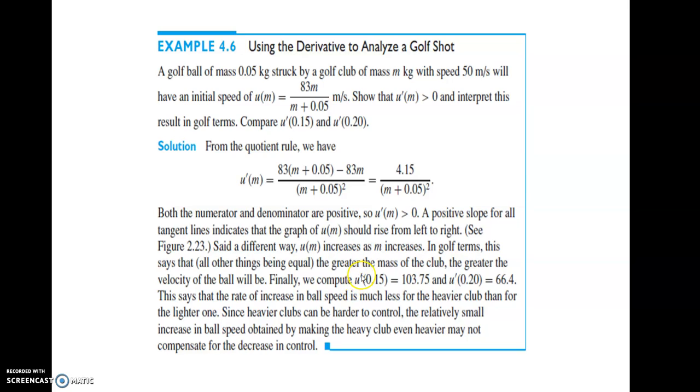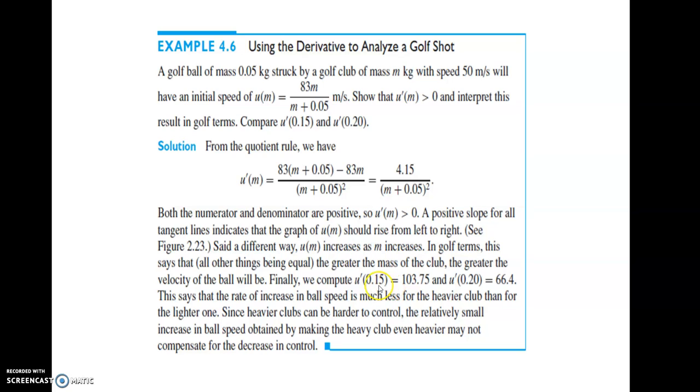And then we find u prime 0.15 and u prime 0.20. Here you substitute m equal to 0.15, I will get this, and again in this expression I put m equal to 0.20, I get this. This says that the rate of increase in ball speed is much less for the heavier club.